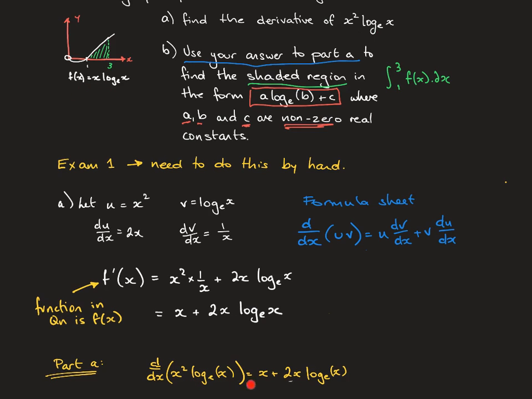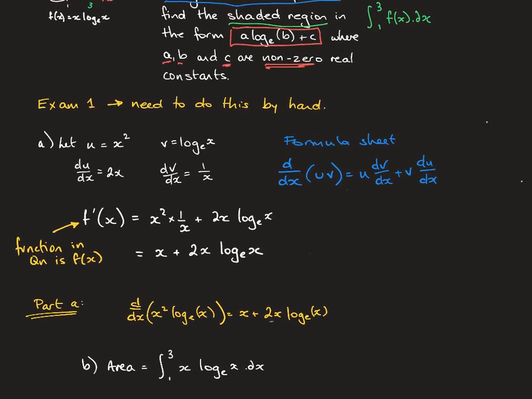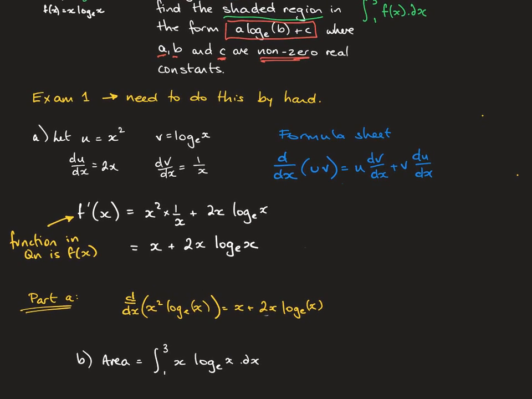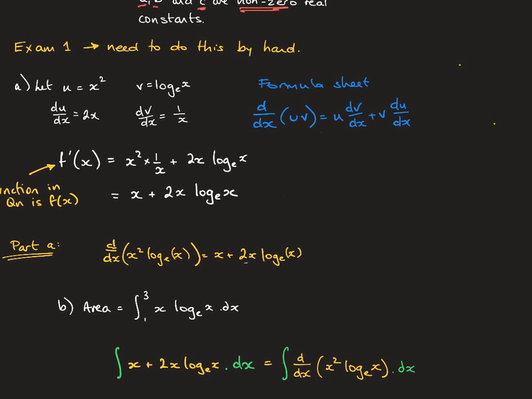So what we're going to do is we are going to integrate both sides of that equation. So there's our area formula. You can see that this looks a little bit like this. Here it is sitting right here. So we're going to integrate both sides of our formula from before.